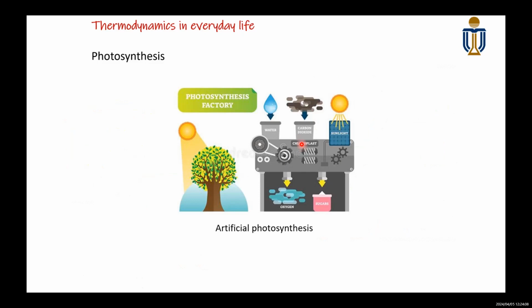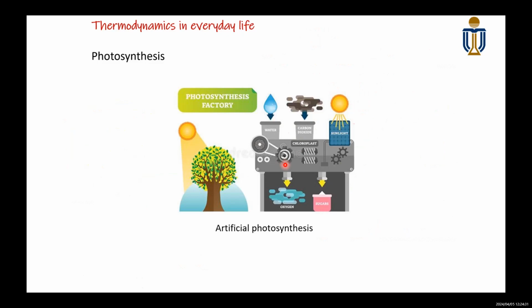Nowadays, scientists are working on artificial photosynthesis. Artificial photosynthesis typically involves the use of a device called a photoelectrochemical cell, which consists of a semiconductor material that absorbs sunlight and generates an electric current.